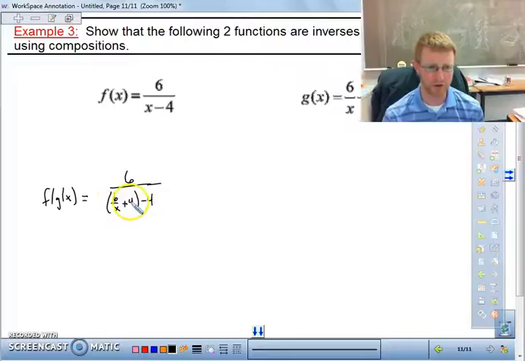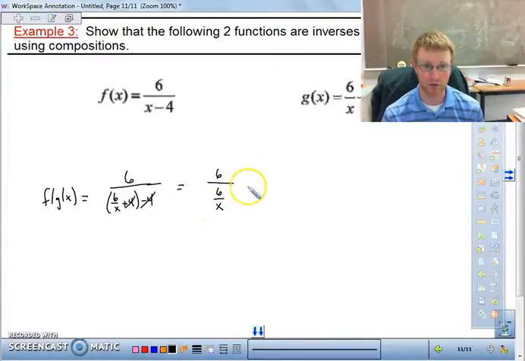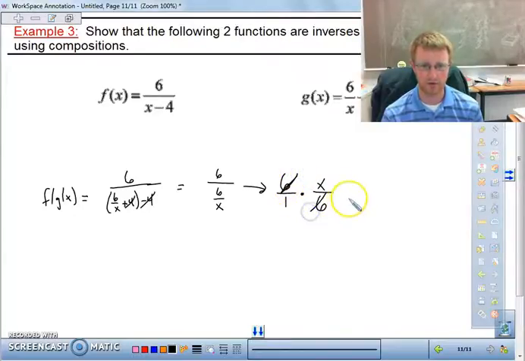So hopefully what you can see here is the 4's will cancel out. So now we are left with 6 over x. Now, if you remember how to divide fractions, what you do is you multiply by the reciprocal. So it'll be 6 over 1, that's this 6 right here, times the reciprocal of this, x over 6. You should then see that your 6's will cancel out, so we are left with just x.